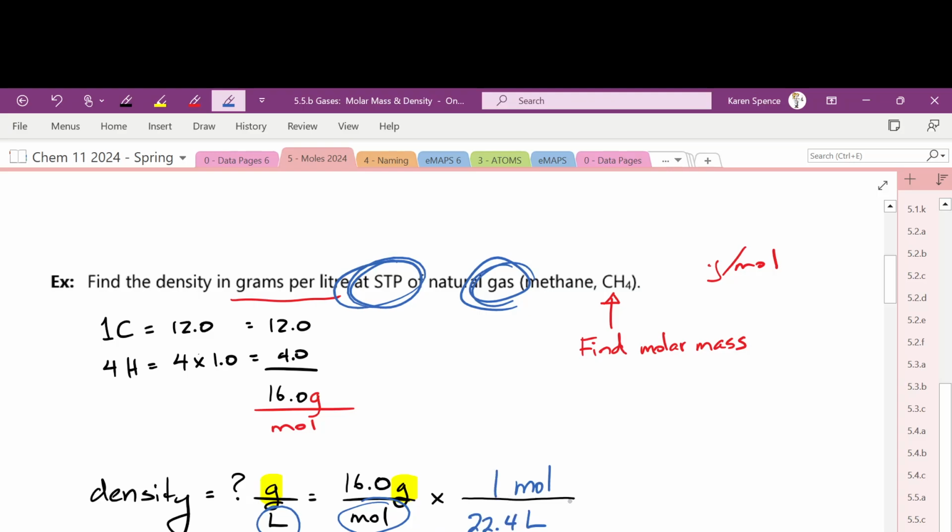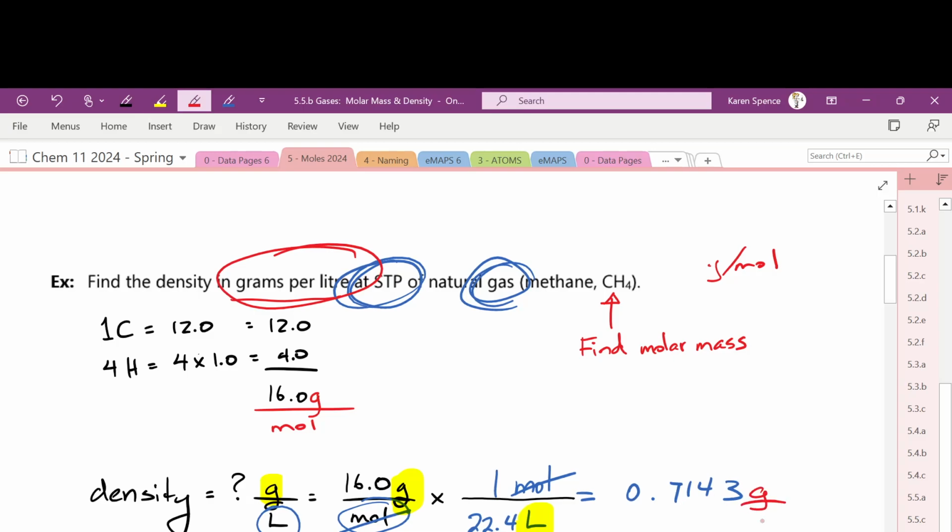Excellent, 22.4. And we get 16 divided by 22.4 equals 0.7143. And my moles cancel. What am I left with? Grams over liters. Is that what I wanted?